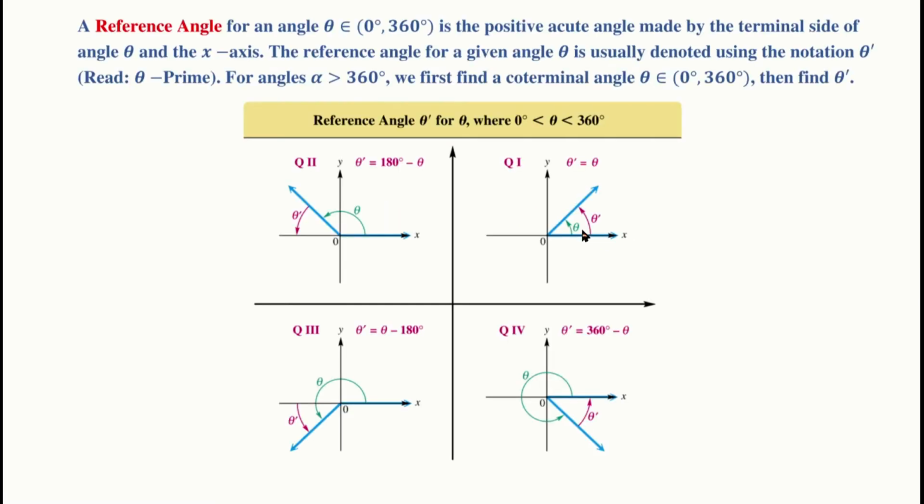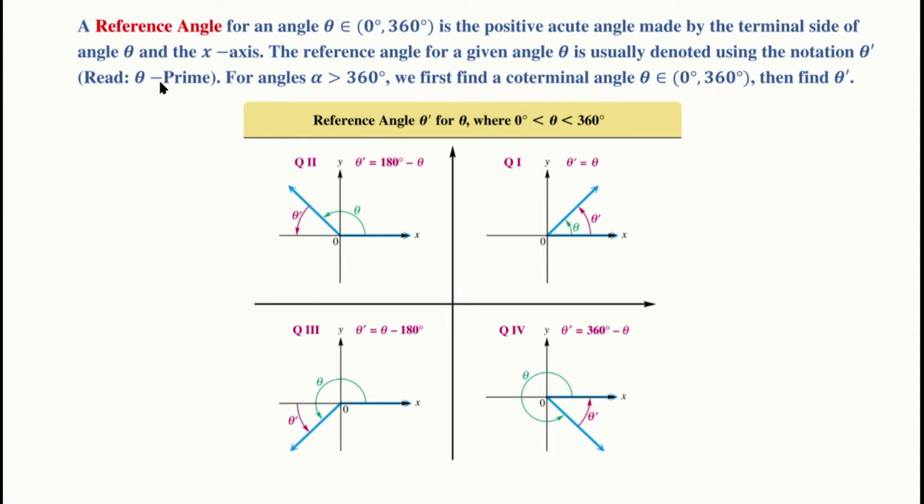If you're looking at an angle theta, which is between 0 and 360 degrees, so it could be a first quadrant angle, a second quadrant angle, a third quadrant angle, or a fourth quadrant angle, then what we mean when we refer to the reference angle for theta, which is usually denoted using this notation, theta prime.